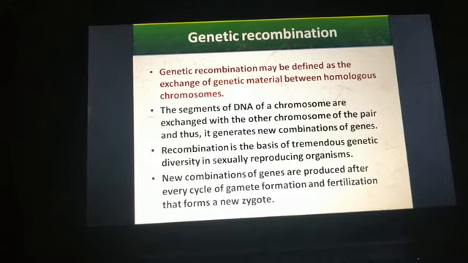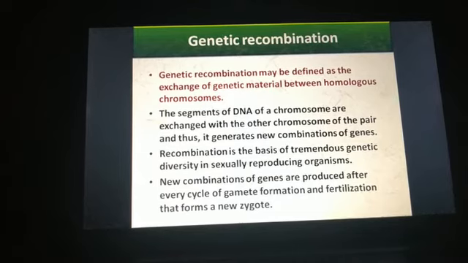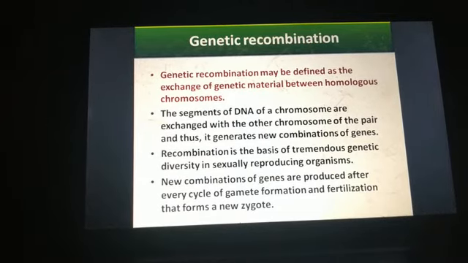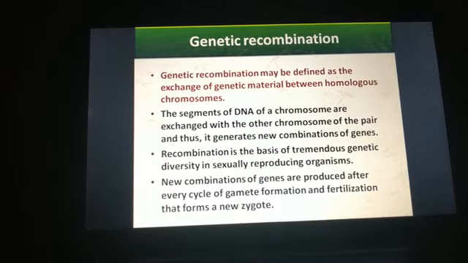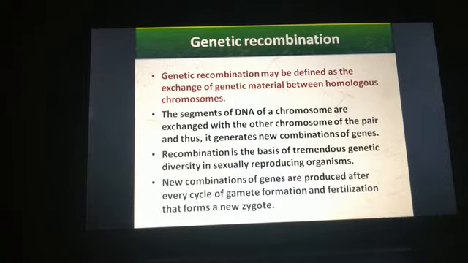Mitosis occurs in somatic cells, and during mitosis no genetic recombination takes place. It will help for growth and repair of the damaged cells. Mitosis, I am talking about mitosis, students. And in mitosis we have also studied that no genetic recombination takes place.